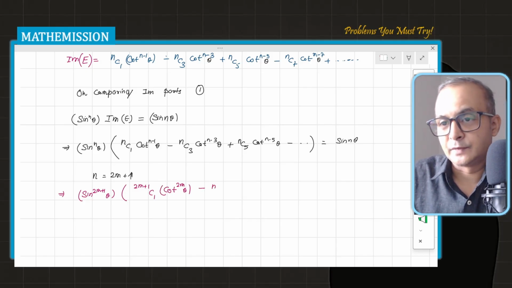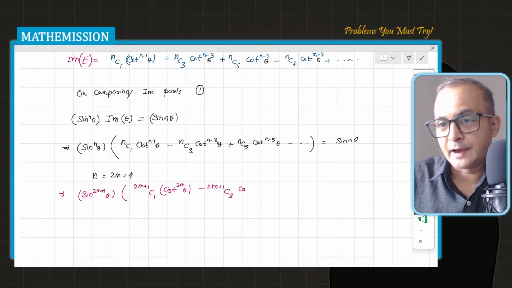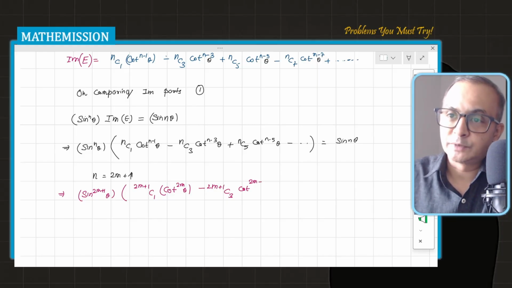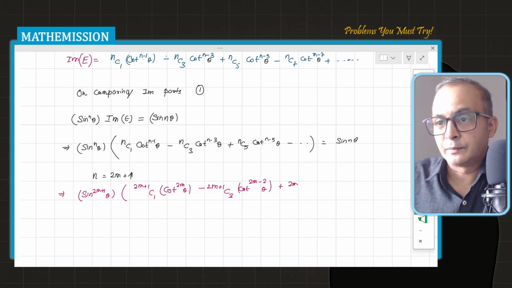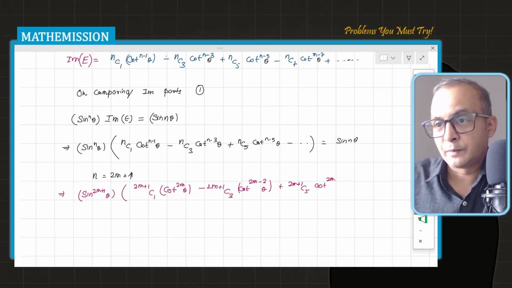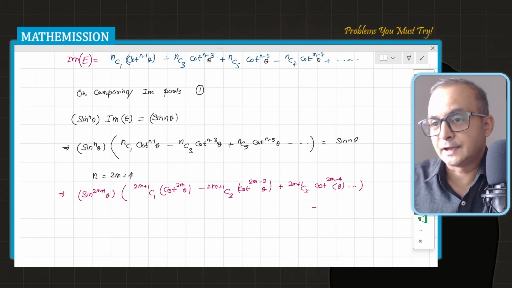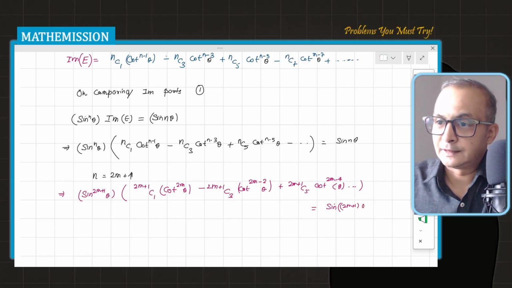The next term I have is 2m plus 1 c3 and cot to the power 2m, and substituting 2m plus 1 here, it will become 2m minus 2 theta, and again 2m plus 1 c5 cot to the power 2m minus 4 theta, and so on. On the right hand side as well, the sine will become with the angle 2m plus 1 theta.